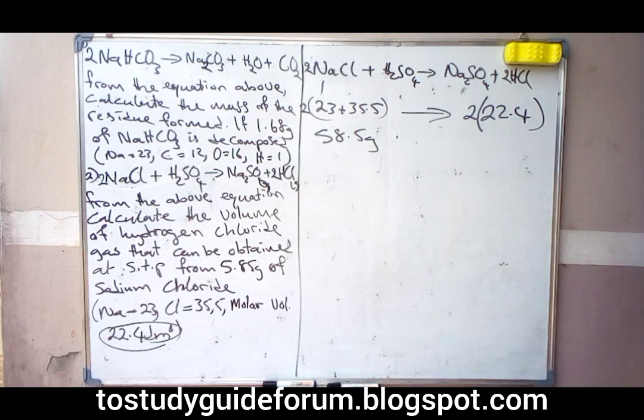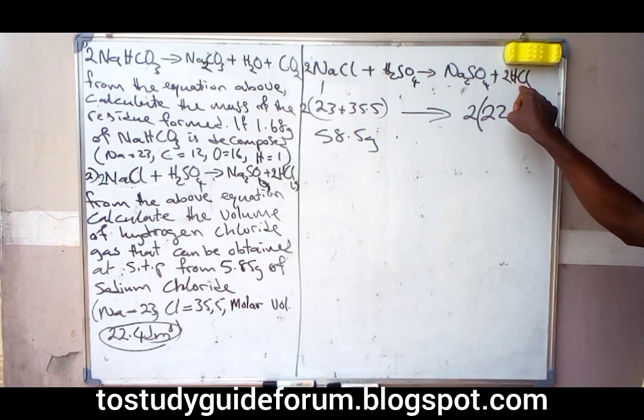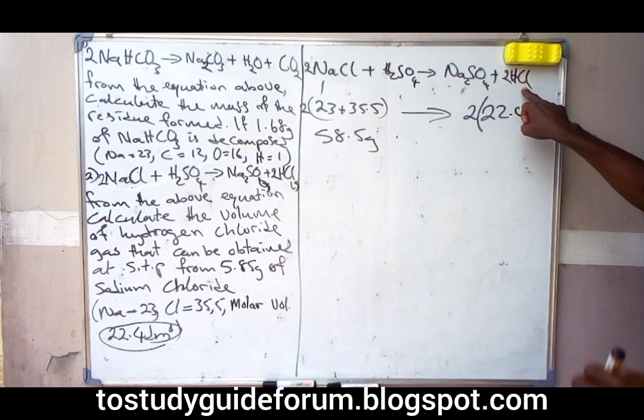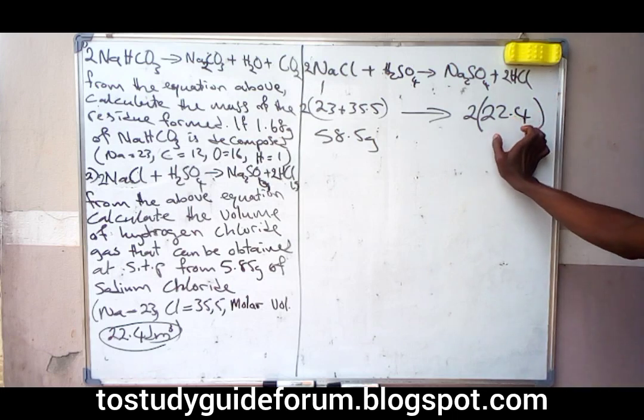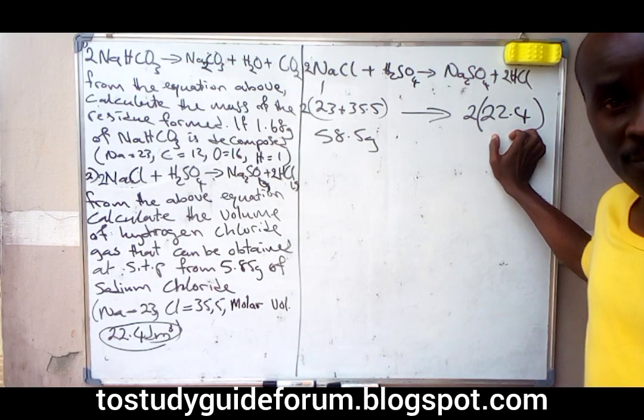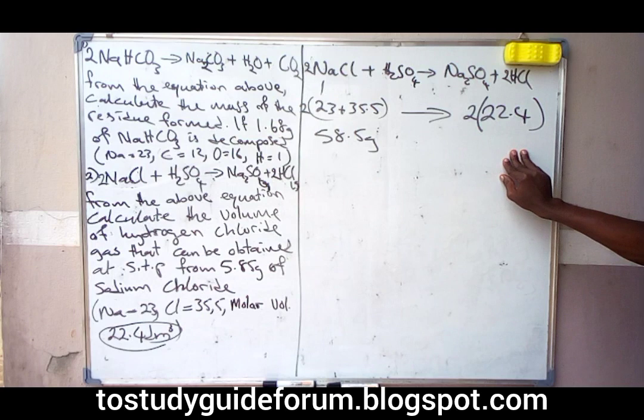Now, why am I doing this? Because in the equation above, we notice that 2 moles multiply the molar mass of this. Since we are talking about volume, the 22.4 dm3 stands for the molar volume.